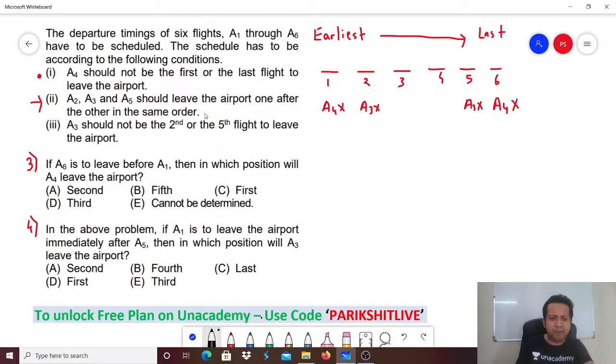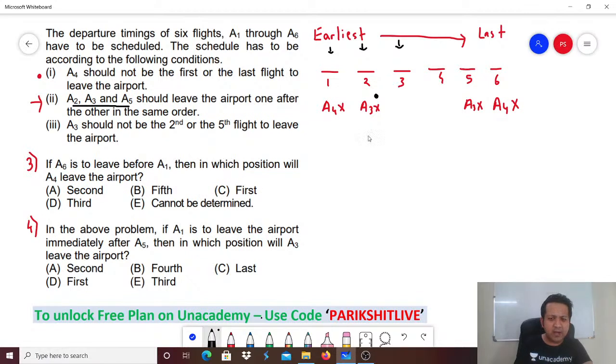Remember A2, A3 and A5 are continuous, one after the other. Can it be position 1, position 2 and position 3? Not possible. Why? Because A3 cannot come at number 2 position. Hence that place is not possible.